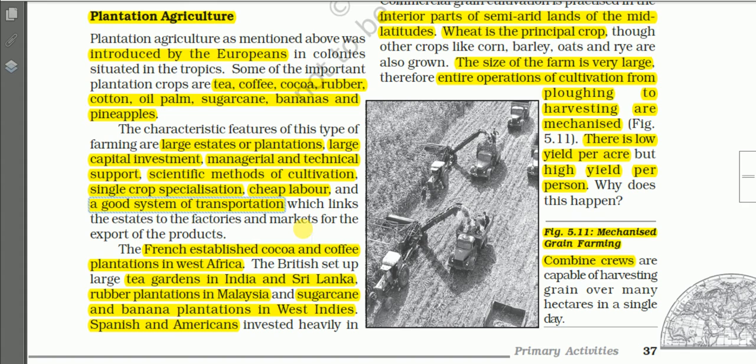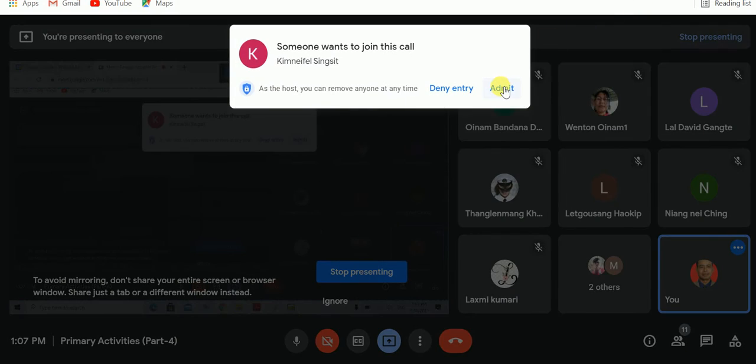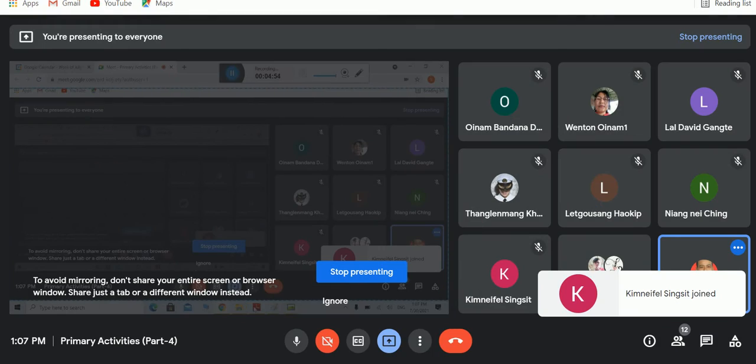This system of transportation will link the estates to the factories and the markets for the export of the products. Plantation agriculture is a type of commercial agriculture, and it is related with business activity.